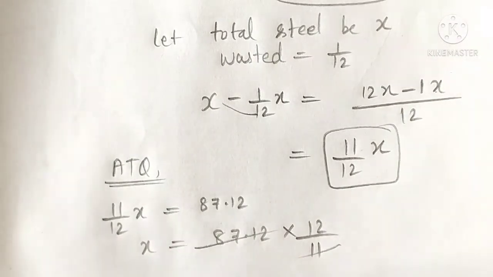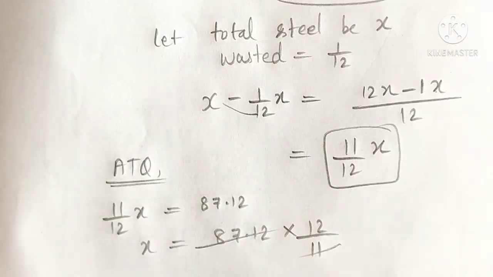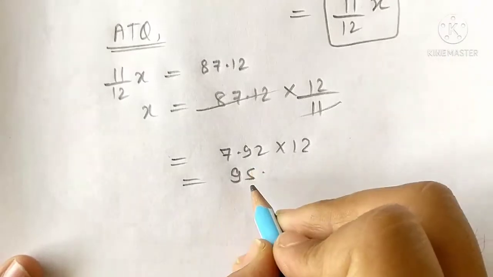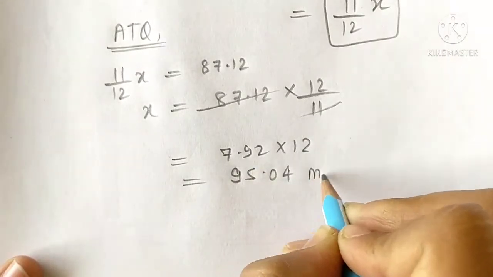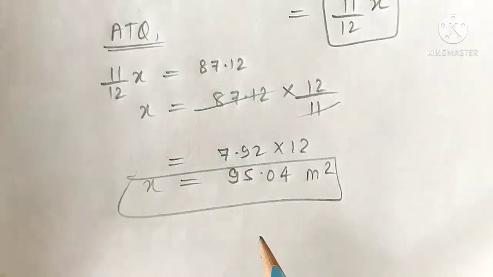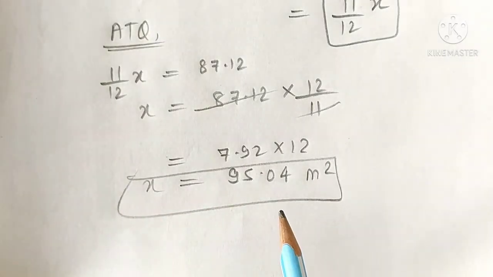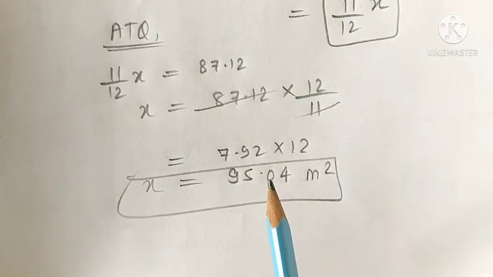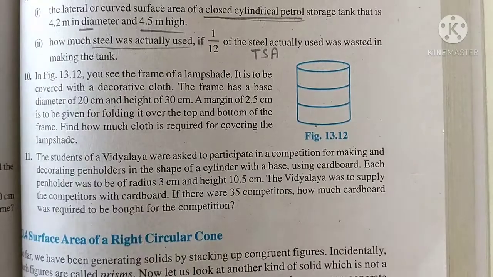Now you can cut and find the answer. 7.92 multiplied by 12 will come 95.04 meter square. This is the answer. In this way you can find the answer, but before that you have to find the CSA and TSA. I hope you can do up to the 9th question.